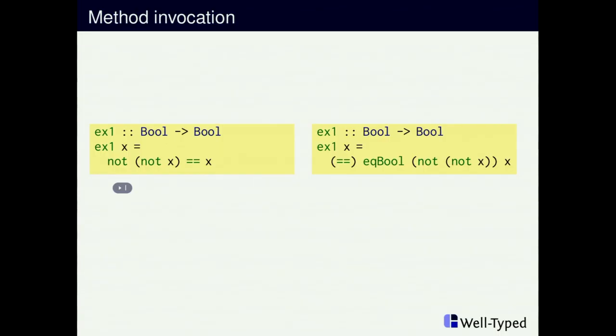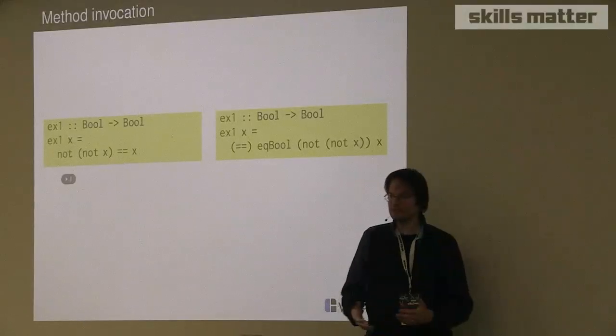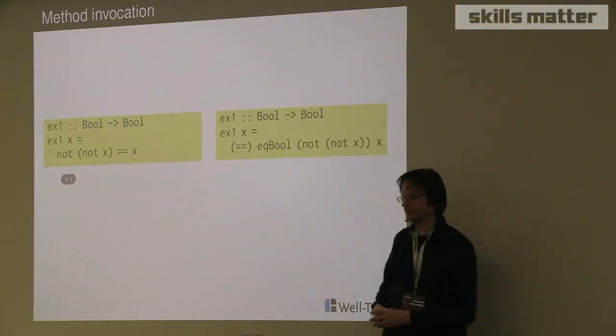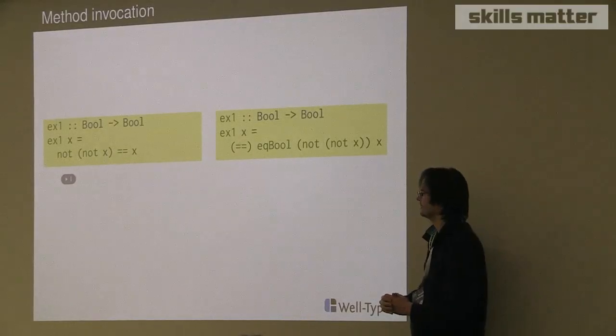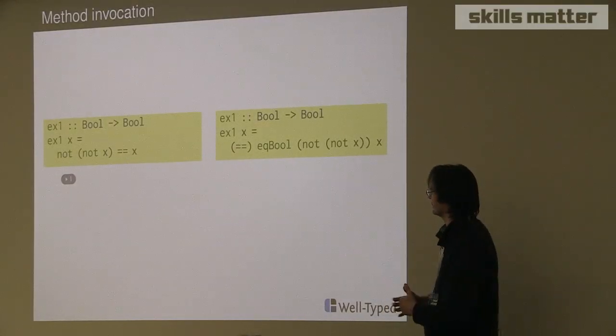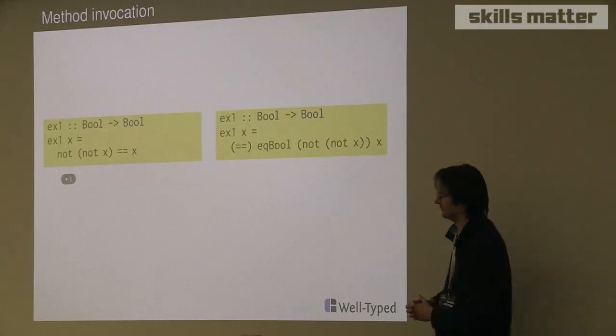If you statically know at what type you're using something like this, then this record here is completely known, right? It is just defined somewhere in the code, somewhere in the libraries, and this is just a selector function applied to this record. So the optimizer can inline this call and can just give you directly the implementation of equality on Booleans, reducing this overhead here. Right.